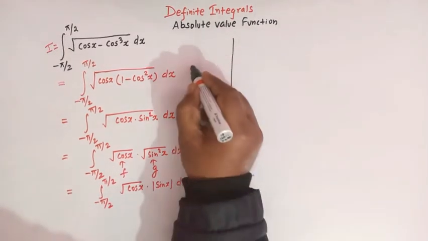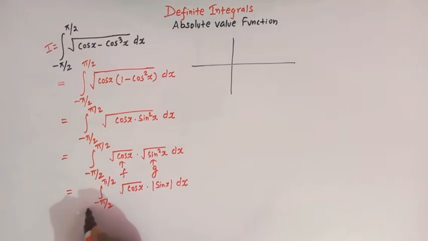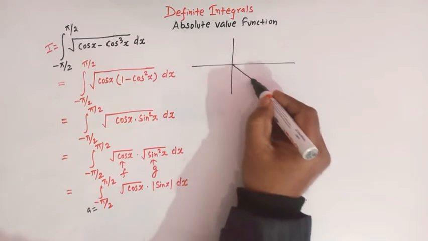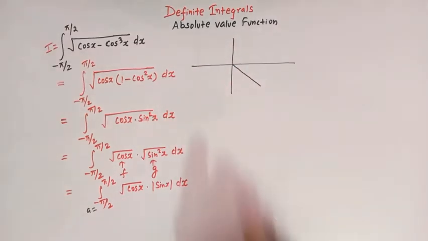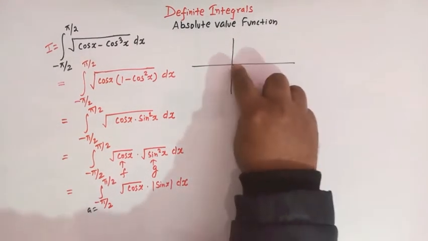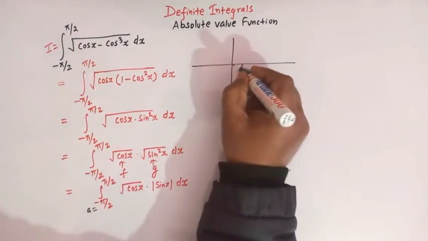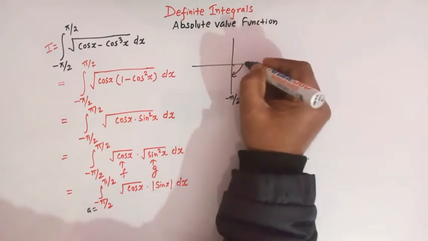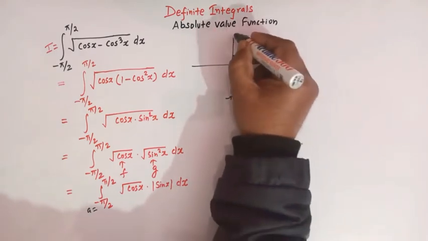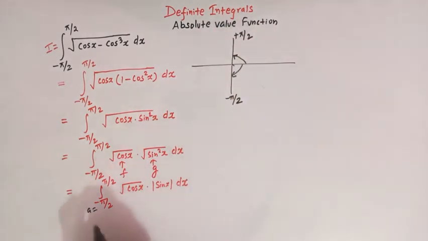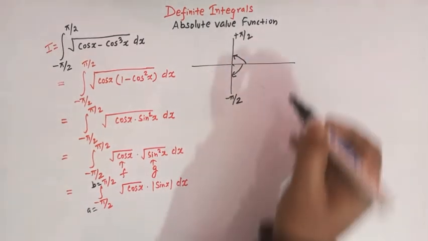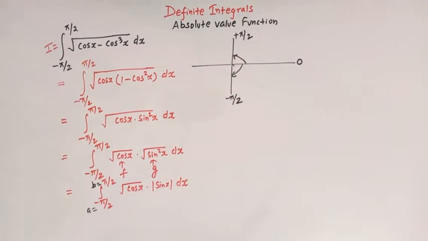Here we have the lower limit as minus pi by 2. This angle is minus pi by 2, and this angle is plus pi by 2, and here we have the angle 0.